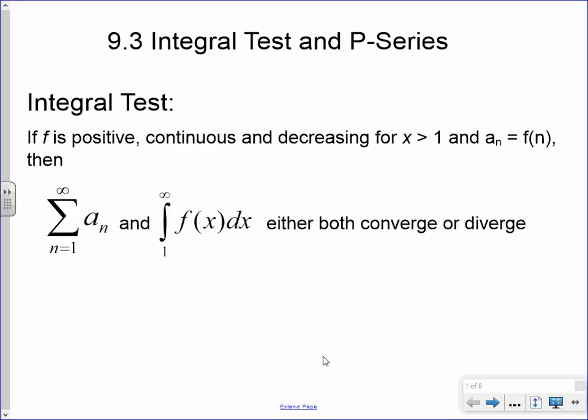Positive, continuous, and decreasing. Then we can turn our series into a function and talk about the integral from 1 to infinity and what the integral does, whether it converges or diverges. Then the series will do the same.